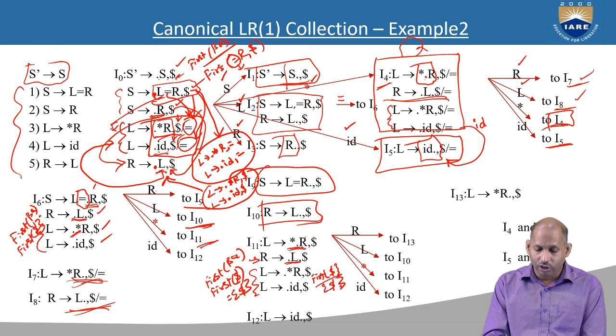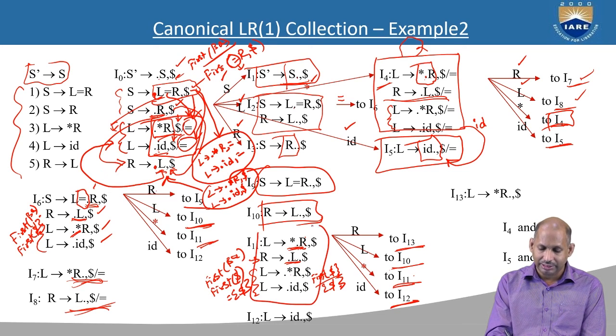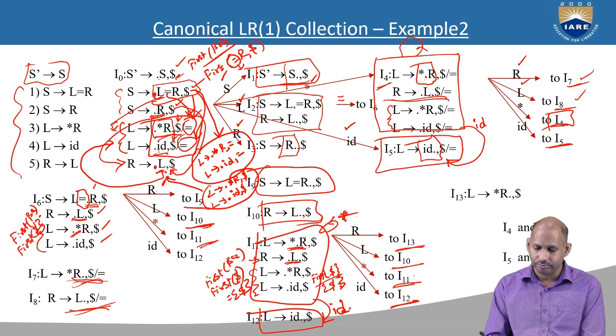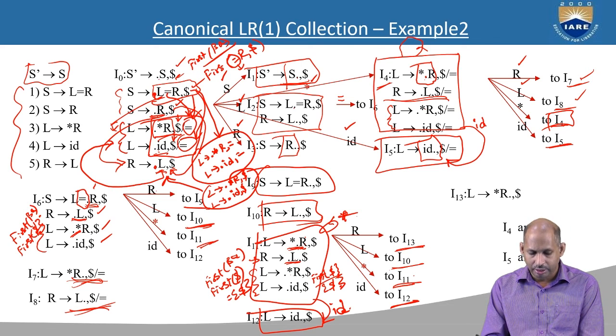Next, dot followed by R, L, multiplication, ID. I13, I10, I11, I12. I11 means it is a recursive step on multiplication. On ID, it goes to I12. On R, it goes to I13.